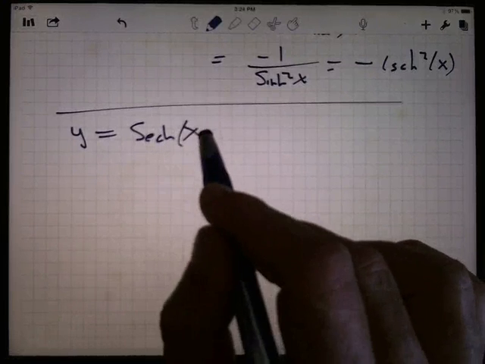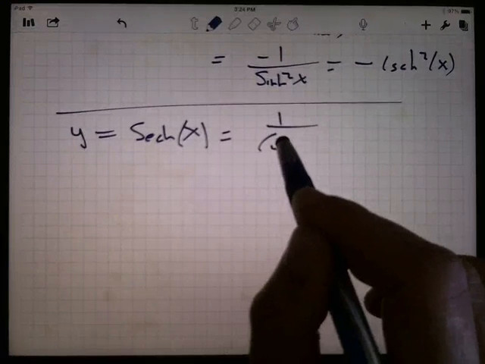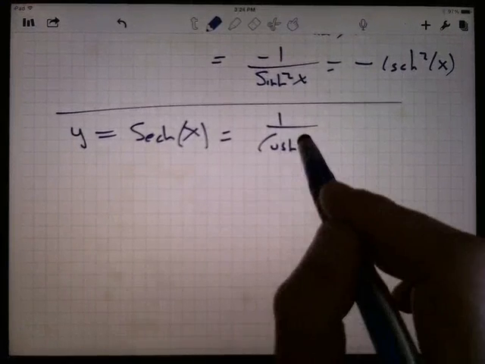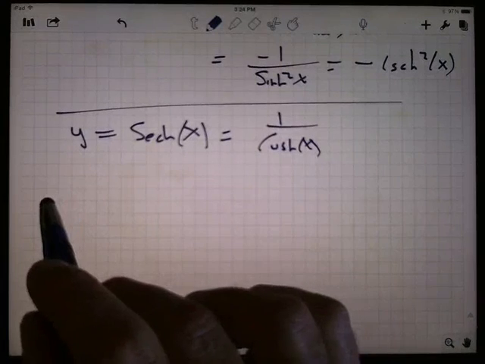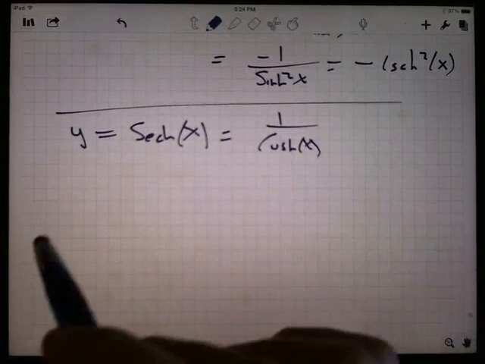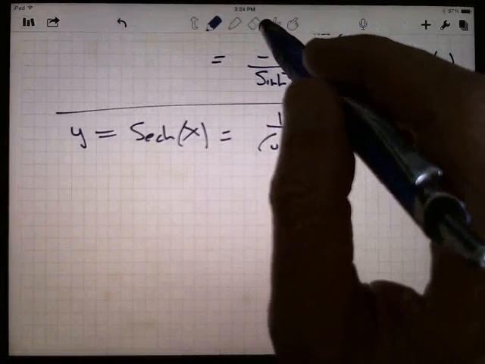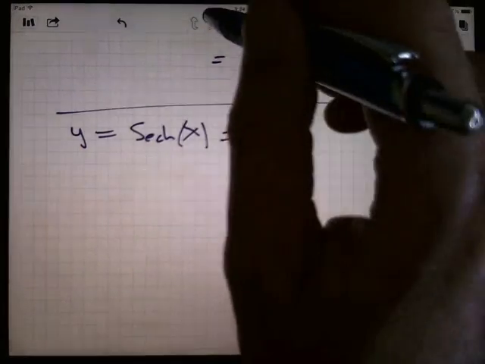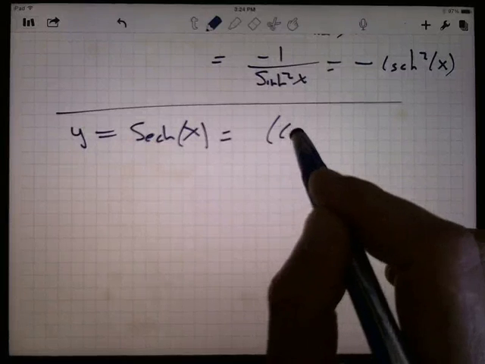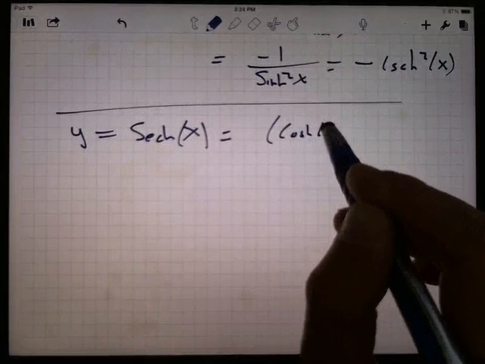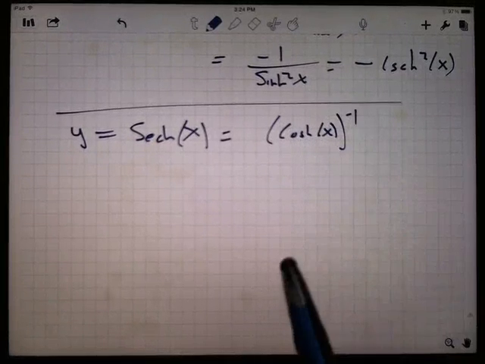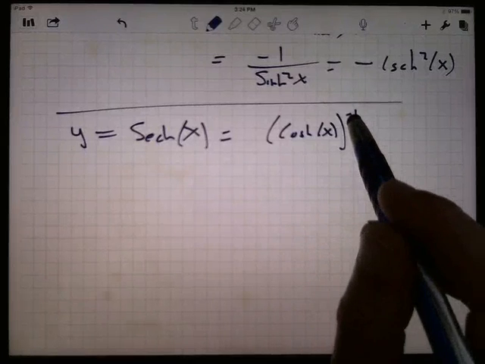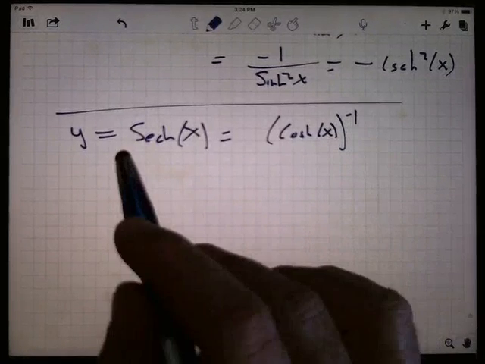I'm going to think of this as 1 over the hyperbolic cosine, but instead I'm going to think of it as just the hyperbolic cosine x to the negative 1 power. It's not the inverse, it's the reciprocal. So it's thing to the minus 1 power.